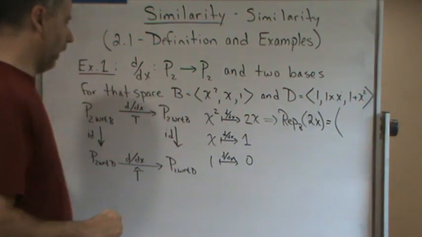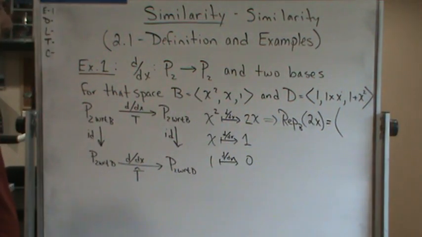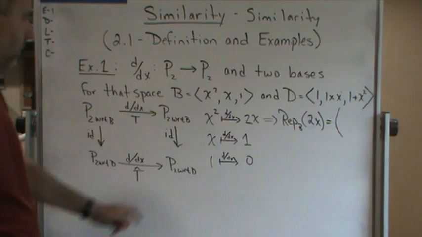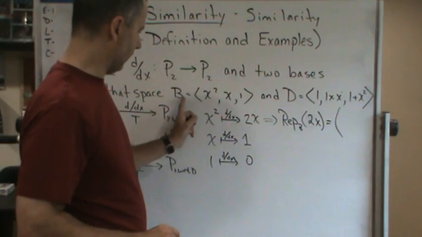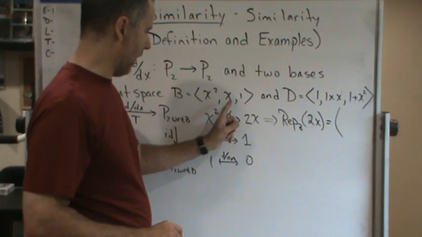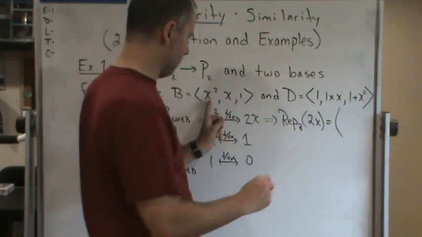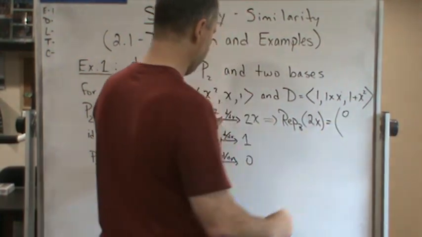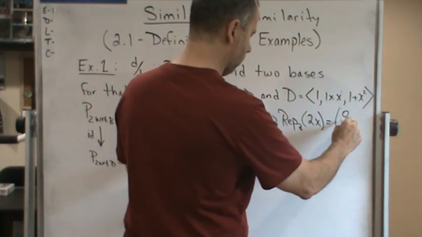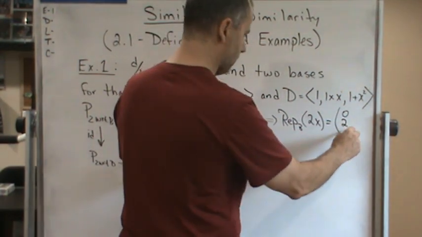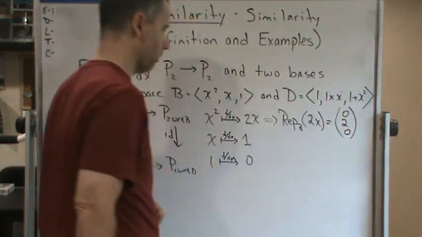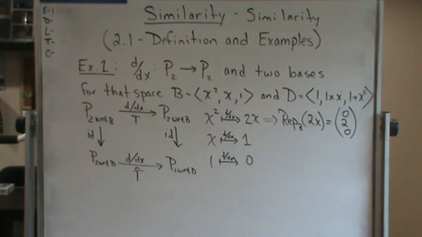And that's going to be, coming back here, the representation of that mapping with respect to the B basis, which is going to be 0, 2, 0. Okay, so that'll be the first one.